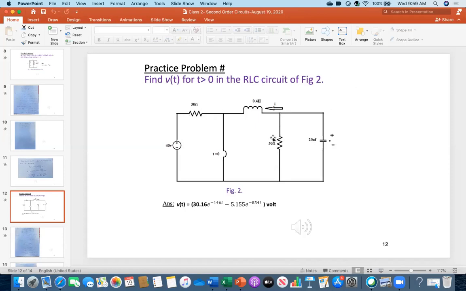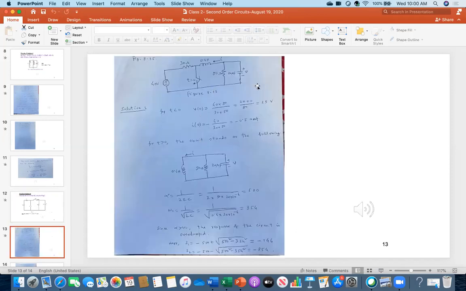So that's why for this problem, when initial conditions are not given, at first you have to find out two initial conditions. Everybody see how I am doing that. Again, I have redrawn that diagram, 40 volt source, those things, and at t equal to 0 the switch is closed. But we have to find the initial condition before closing the switch, which means when the switch was open.